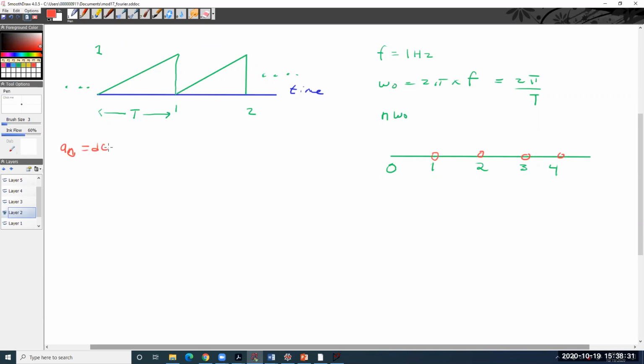A0, the DC part, and here's the equation.